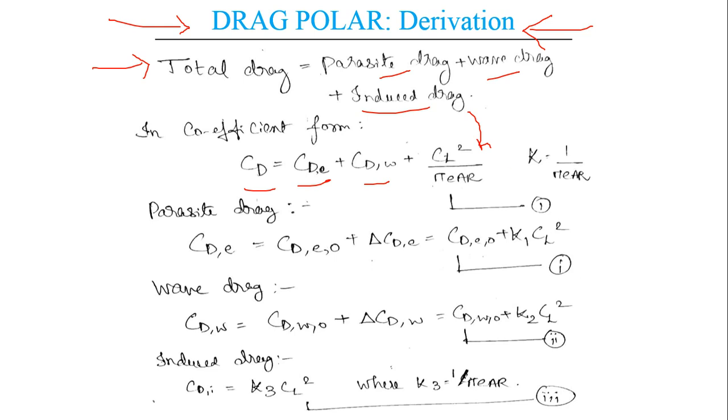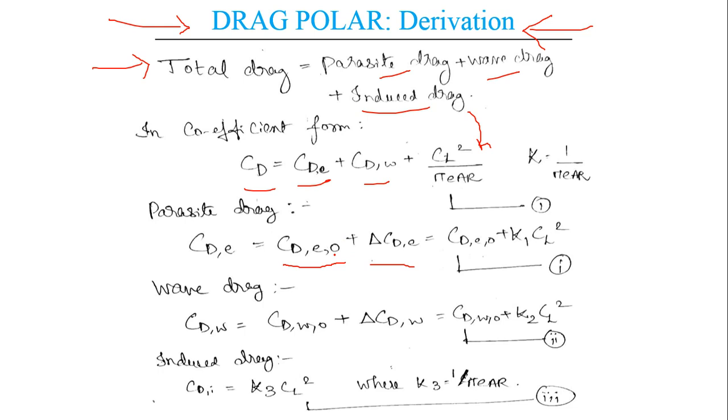Now let's solve these individually. First, the total drag is as it is, so we need to find the rest. Parasitic drag can be derived as a combination of the zero lift drag, that is drag which is not caused due to lift, and the drag caused due to lift. So it will have the drag not caused due to lift as CD comma e comma 0, which is for parasitic drag.